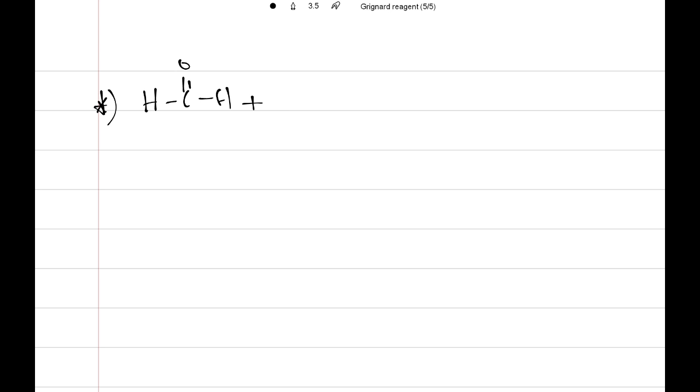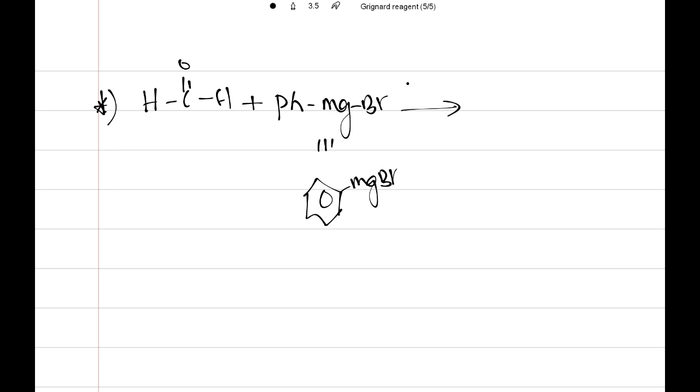The next one I am taking is formaldehyde reacting with PhMgBr, so C double bond O, when this is reacting with PhMgBr, which we can write as benzene magnesium bromide, phenyl magnesium bromide, followed by hydrolysis. What happens? Ph minus attaches to this carbon, electrons shift towards the oxygen, and we get PhCH2O minus and MgBr.